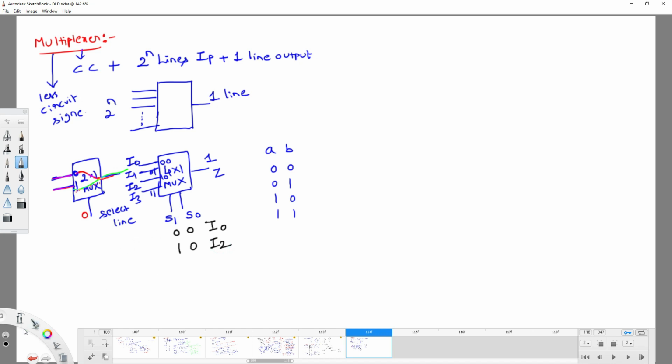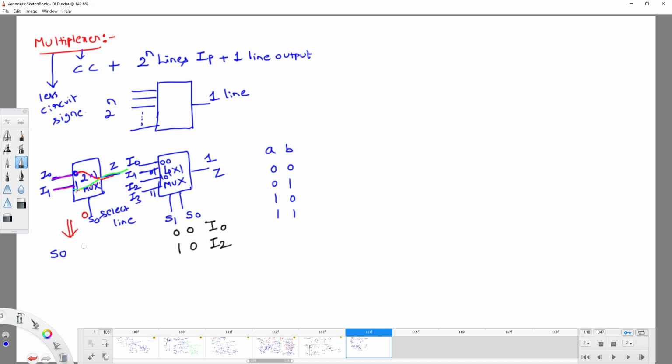So if you observe how this 2x1 mux is behaving, if you name the select line S0, the inputs I0 and I1, and the output Z, can you construct the truth table for this? Yes. The input select line is S0.